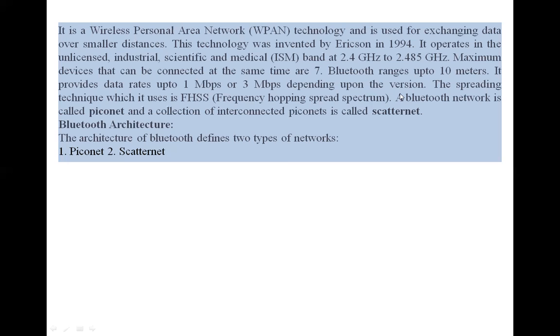A Bluetooth network is called a piconet, and a collection of interconnected piconets is called a scatternet. Now I am showing you the Bluetooth architecture. The Bluetooth architecture is defined by two types of network, piconet and scatternet. So we discuss what a piconet and a scatternet are.